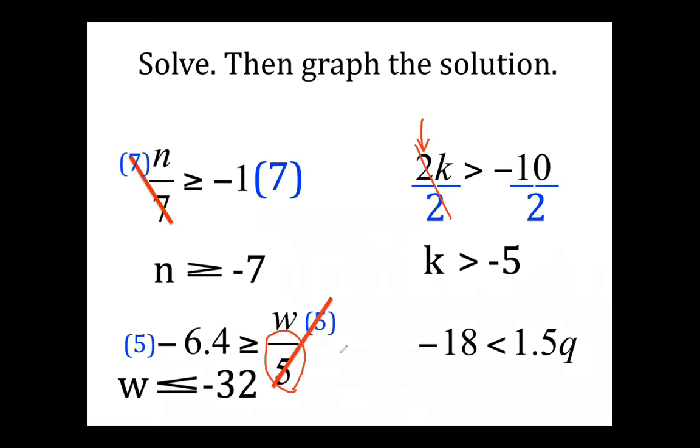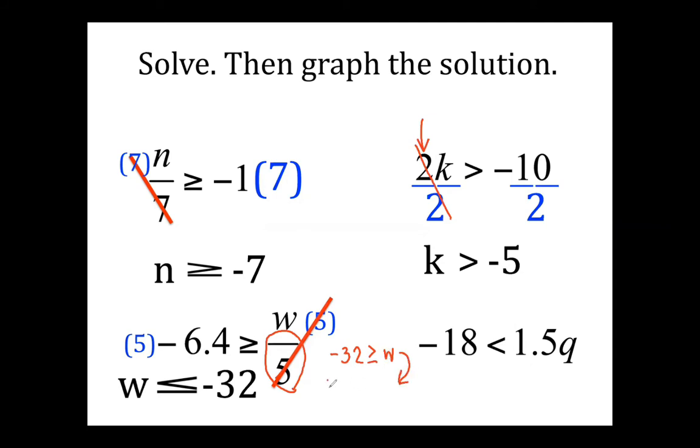And if you were to leave it as is, you would have negative 32 is greater than or equal to W, but recall that we're going to be graphing this solution. So I would recommend you rearrange this with the variable on the left.